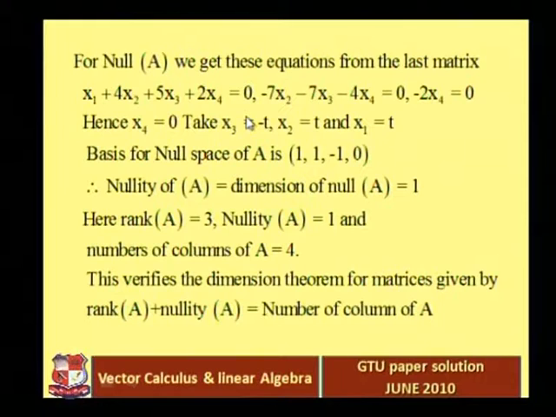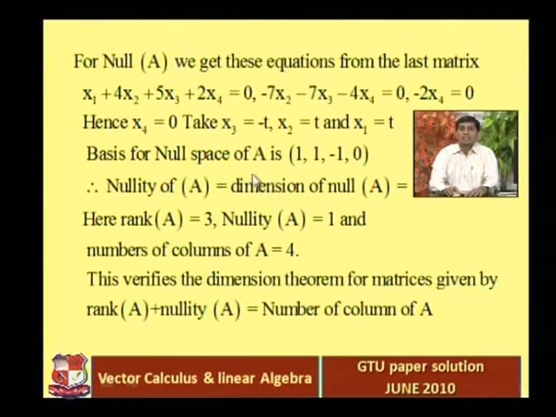Now we know that x4 is 0, and in the third column we do not have any leading entry. So we suppose x3 is equal to minus t. Putting x3 equal to minus t and x4 equal to 0, you will get x2 is equal to t, and putting all these values in the first equation, you will get x1 is equal to t.